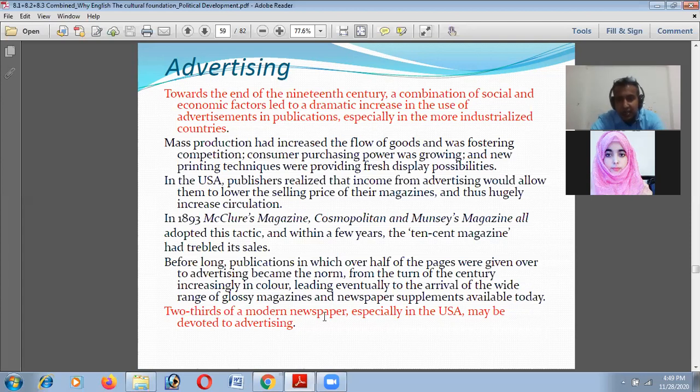Two-thirds of the modern newspaper, especially in the USA, may be devoted to advertising. So advertising plays an important role for international marketing, and in this regard, USA occupied the important place for advertisement, and of course in English.